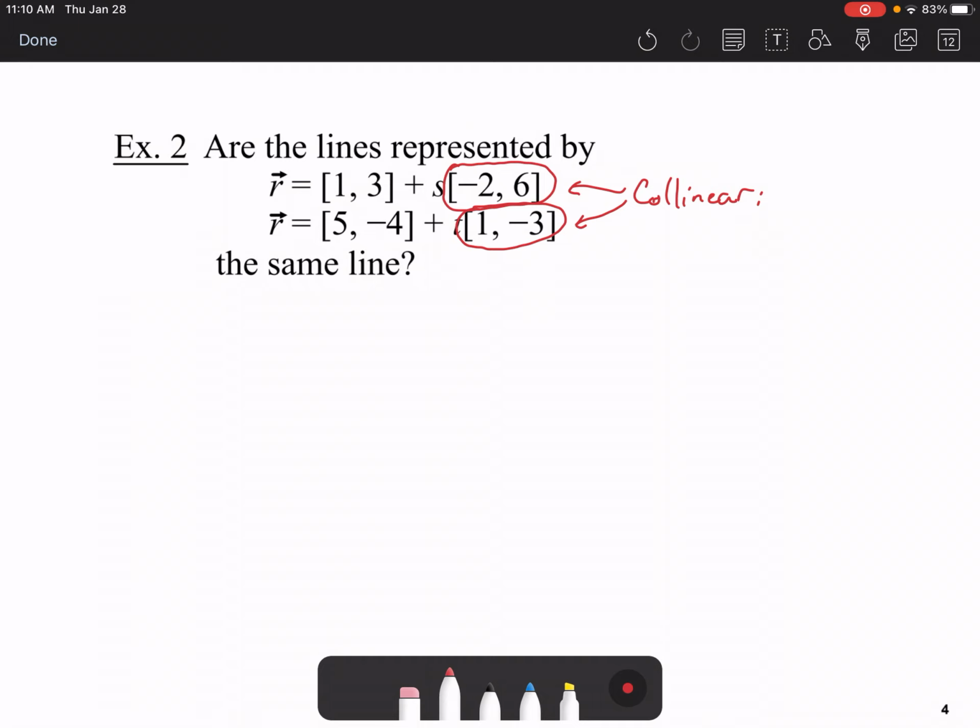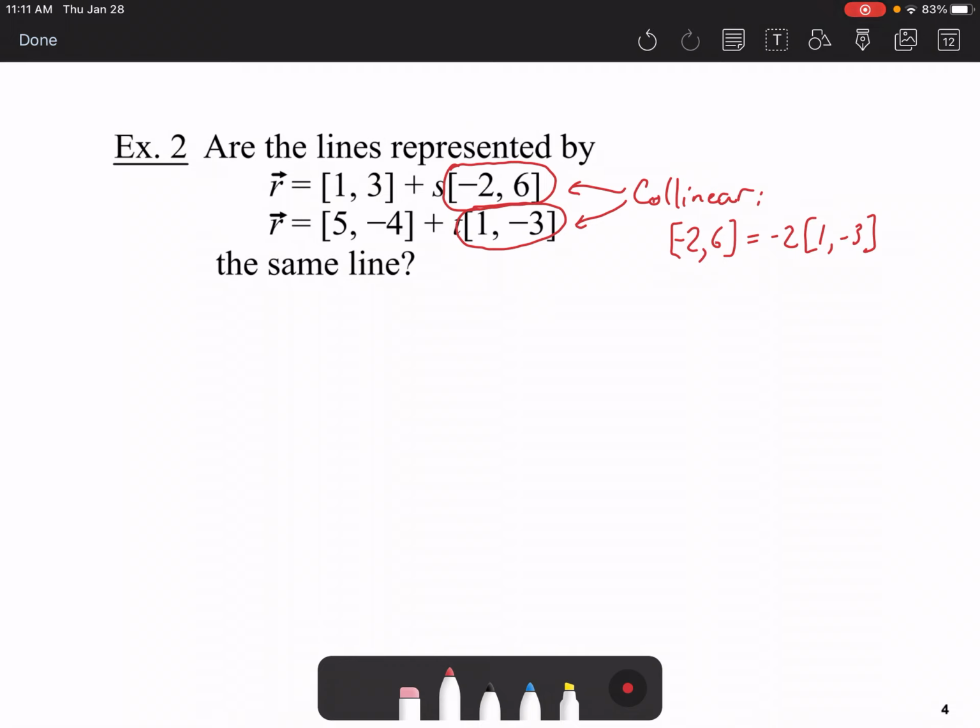In other words, you might remember that (-2, 6) is equal to -2 times (1, -3). That's what it means to be collinear. They're scalar multiples of each other, or parallel. So that means at least these two lines are parallel to each other.